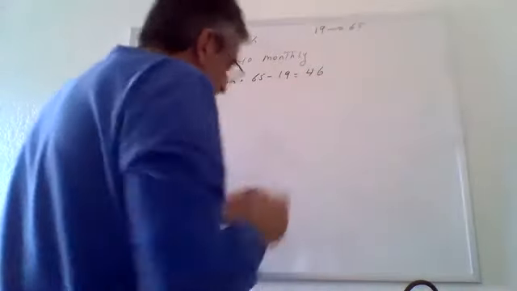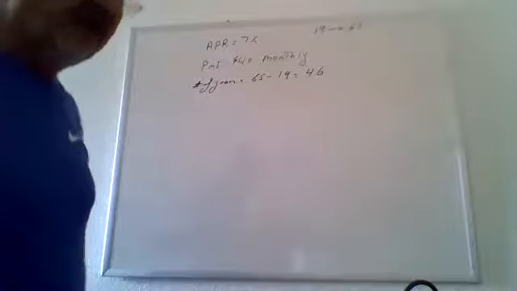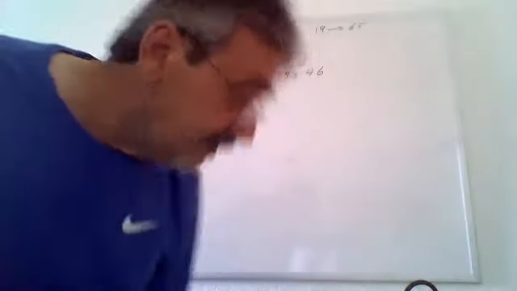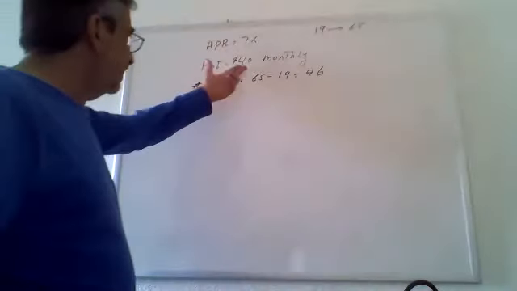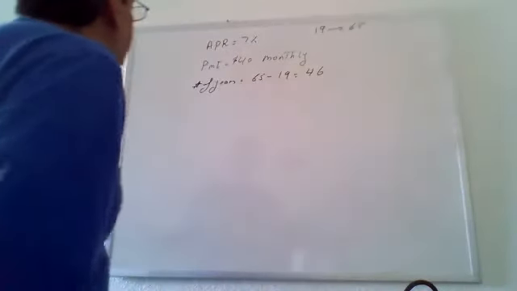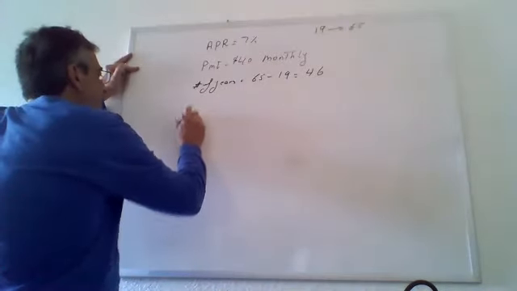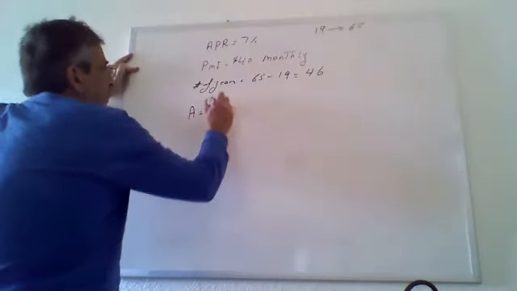So he's going to be making deposits for 46 years. Yes? So he's making how much? $40 a month.